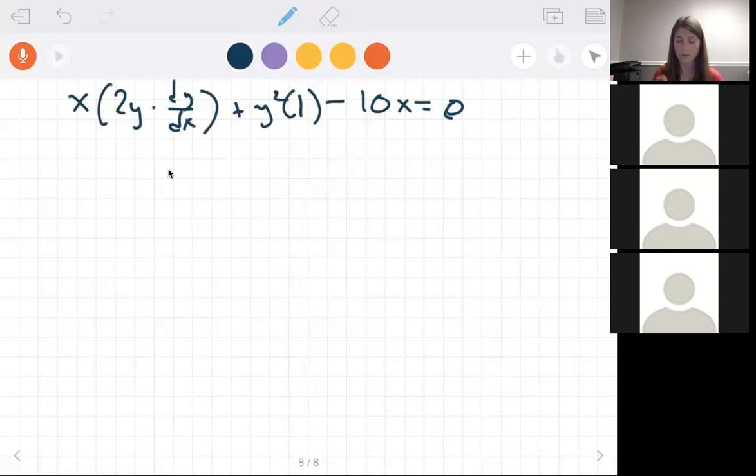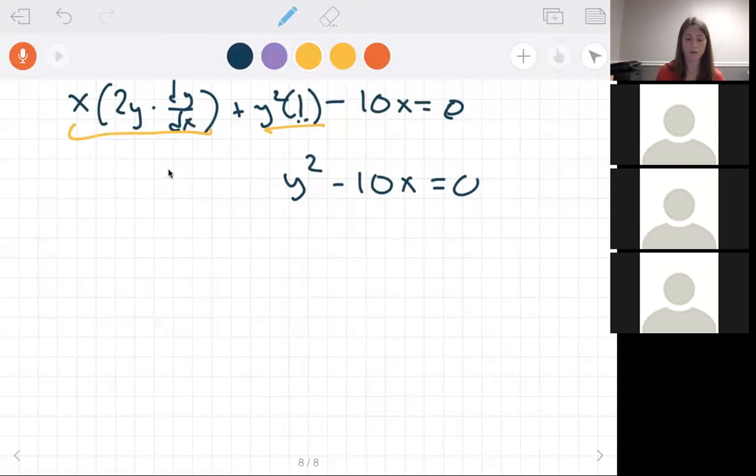All right, so let's see how we would clean this up. First thing I would note is I really don't need this times 1 part. That's just y squared. Not much I can do to clean up the minus 10x, but for my x multiplied by all of these things, we've got 2xy times dy dx.